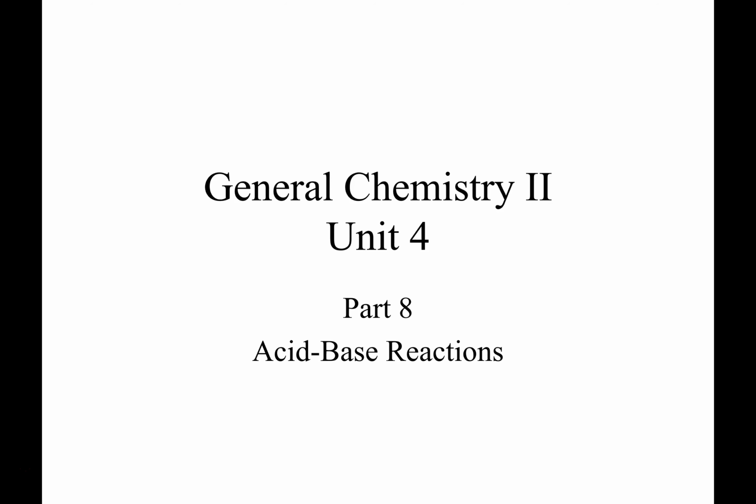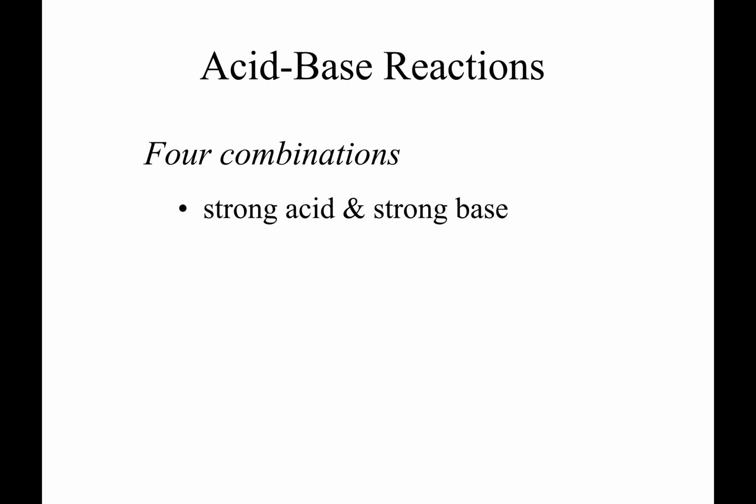One of the things that's a challenge is to understand the chemistry that's going on, and you need to recognize your strong acids. There are 6 strong acids you need to memorize, and if something's a strong base, and then everything else is weak, and the chemistry will be different. I'm going to walk you through the different possibilities of strong and weak.